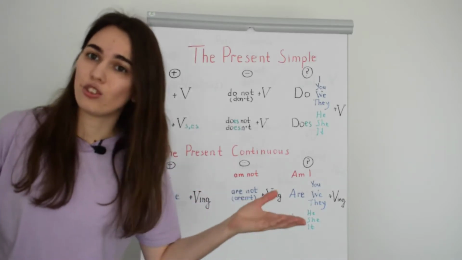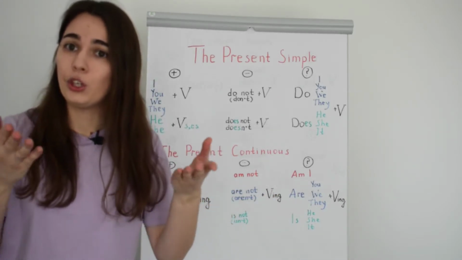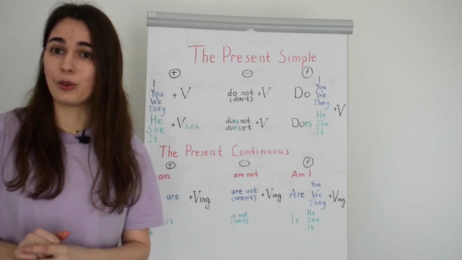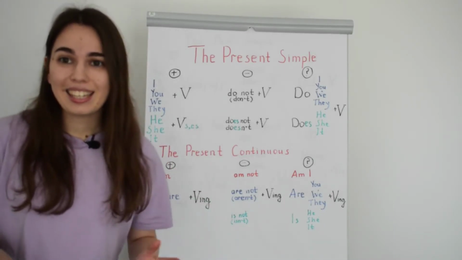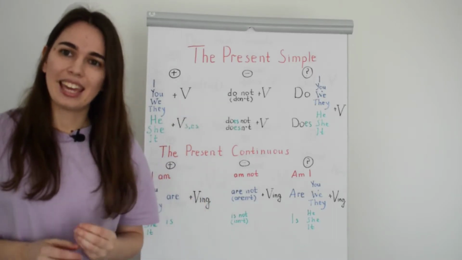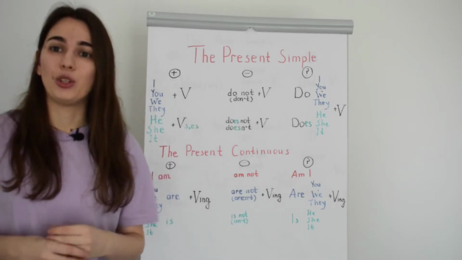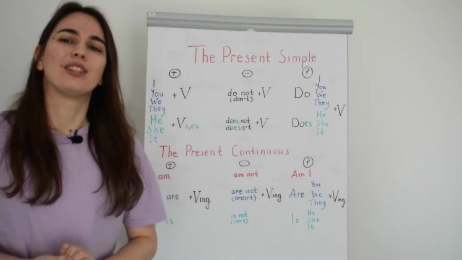I am not eating right now. I am not drinking coffee right now. Maybe you are drinking coffee right now. Maybe you are eating right now. But for sure I can say that you are watching my video right now and you understand everything.